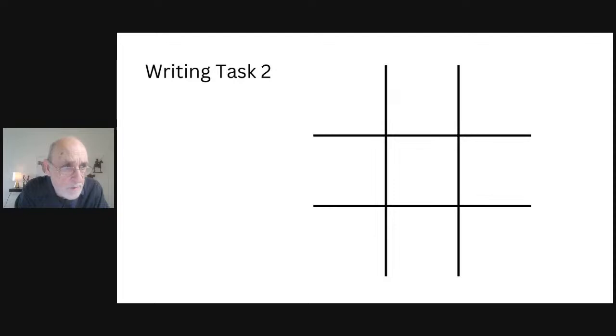Each column represents the 3 parts of your paragraph. So the first column with the first set of squares represents what you're going to state, your clear statement for each paragraph of your essay.